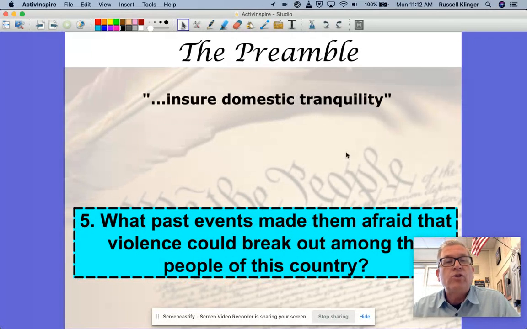Ensuring domestic tranquility, this idea that we would have peace, because really what is domestic tranquility? It means to have peace at home. And there are many past events that made people afraid that violence could break out in this nation.